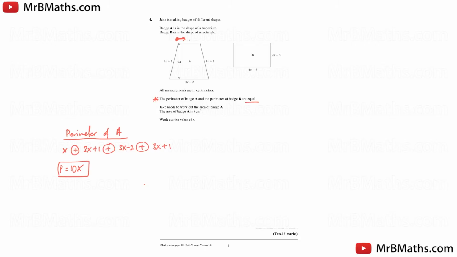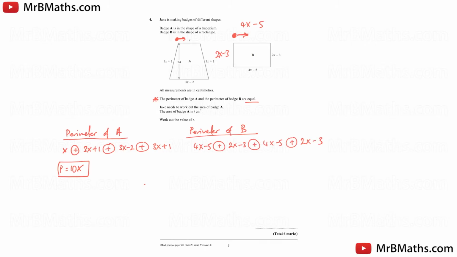And then if I look at the perimeter of B, again, let's pick this as a starting point. This would of course be 4x minus 5, and this would be 2x minus 3. So I've got 4x minus 5 plus 2x minus 3 plus 4x minus 5 plus 2x minus 3.